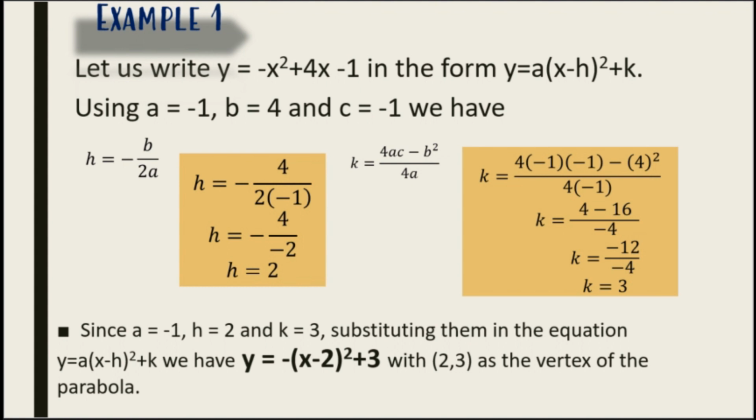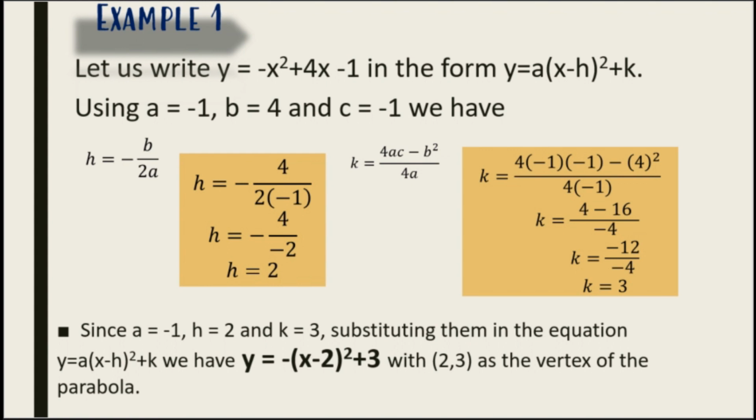Now, since a is equal to -1, h is equal to 2, and k is equal to 3, substituting them in the equation y is equal to a quantity x minus h quantity squared plus k, we have y is equal to negative quantity x minus 2 quantity squared plus 3, with the point (2, 3) as the vertex of the parabola.